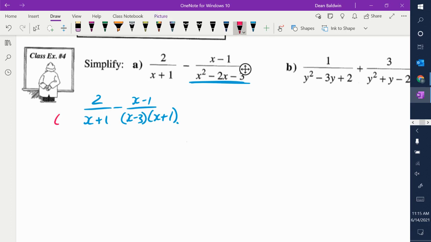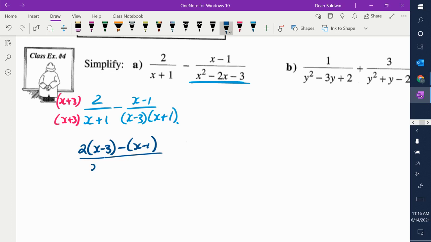So essentially, you're doing that, right? The shortcut would just be multiply the x minus 3 up to the 2. So this becomes 2 times x minus 3 minus, and when you're subtracting something, always put it in brackets. And the common denominator, or the lowest common denominator, I should say, would be x plus 1 times x minus 3.